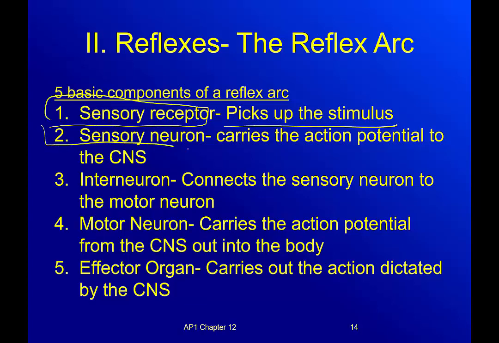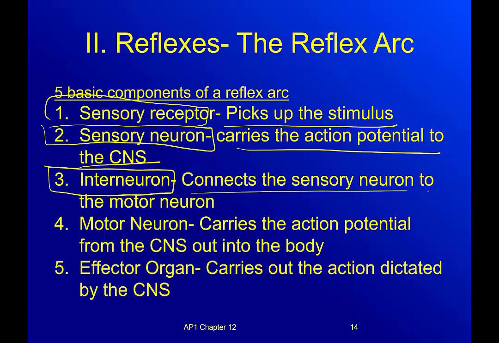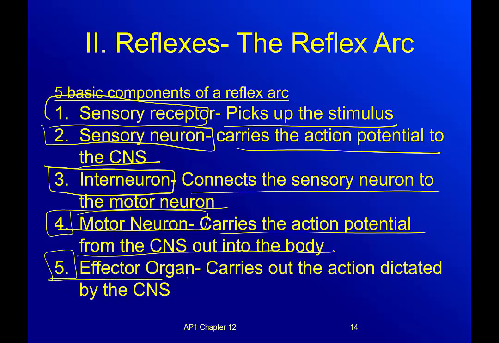You've got the sensory neuron that carries the action potential to the central nervous system. You've got the interneuron that connects the sensory neuron to the motor. You've got the motor neuron that carries the action potential from my central nervous system out to the body. And you have the effector organ that actually carries out the action dictated by your central nervous system.